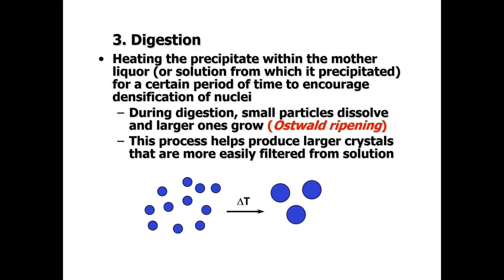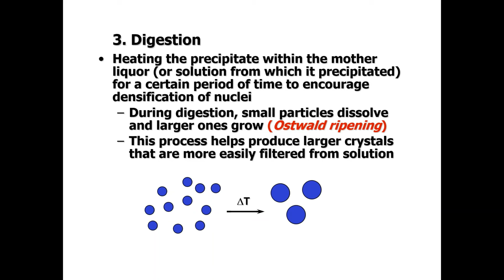So after you already made the addition, how do you produce back that large precipitate? After you observe that it forms a very small precipitate, do not filter it. Instead, you heat it back. You heat back the colloidal precipitate within what we call the mother liquor, the solution itself. So you reheat the solution and the precipitate.